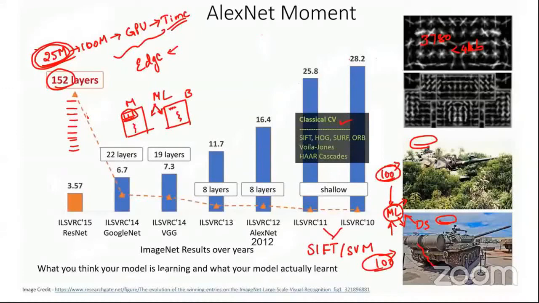If you go for SIFT and HOG feature detectors, you might end up with an algorithm that takes just 4 KB of size. And if you go for a deep network like ResNet, which was introduced in 2015, it took 152 layers, and for 152 layers it used 25 million parameters. If you want to save these 25 million parameters, it takes 100 MB of size.